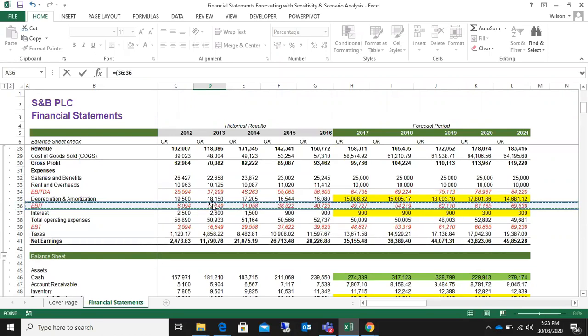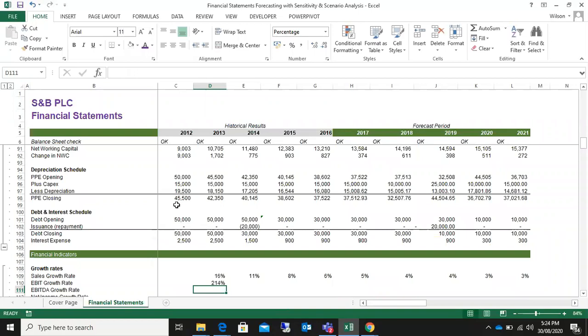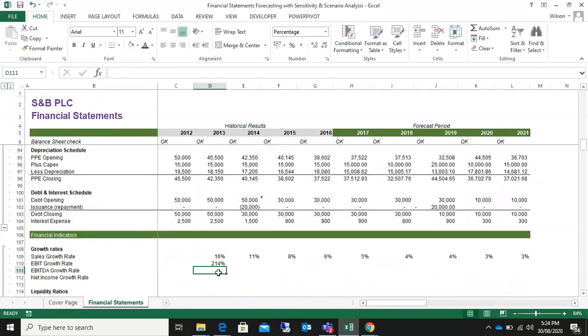So we are picking EBIT. It goes from 6.094 to 19.1, so it's a whole lot. So I think it's right. It's 214%, but that's actually more than 100%.